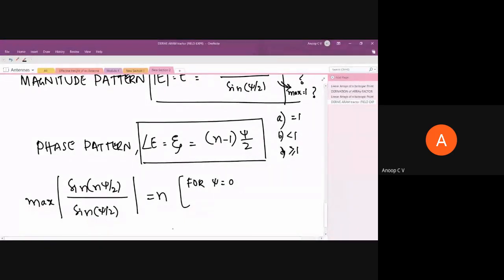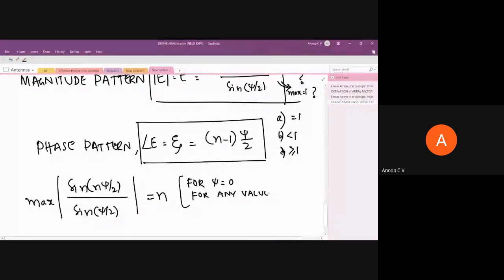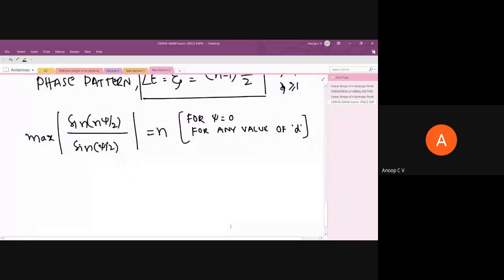This will happen for psi equal to 0, for any value of d, whatever be the value of the separation.